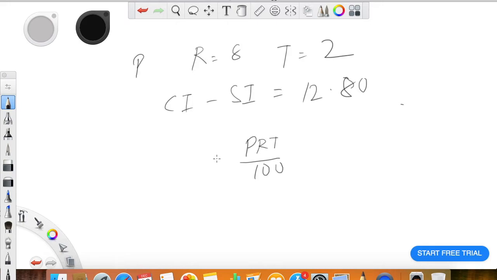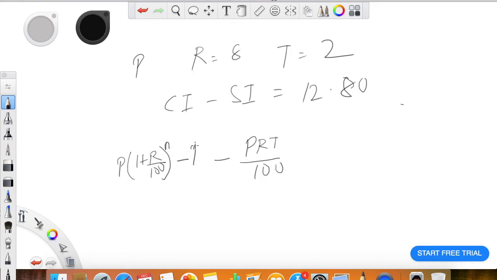We also know the formula for CI. For CI, we know the formula for the amount: the amount is P into (1 plus R by 100) raised to the power n. This is the amount.